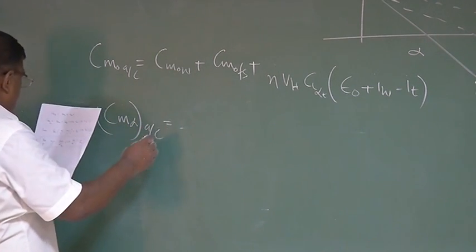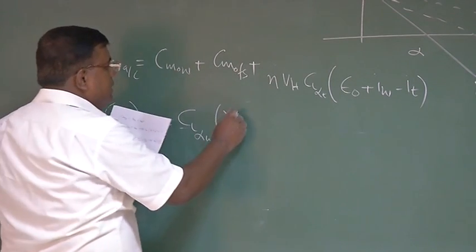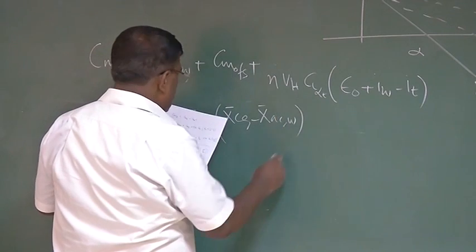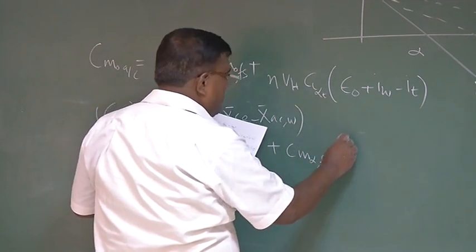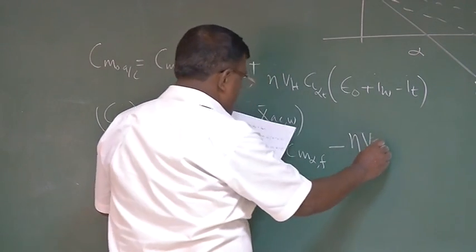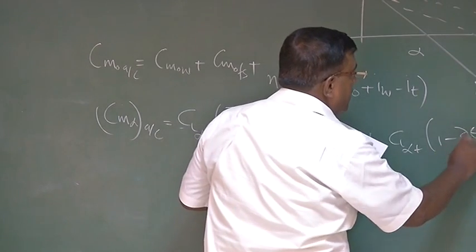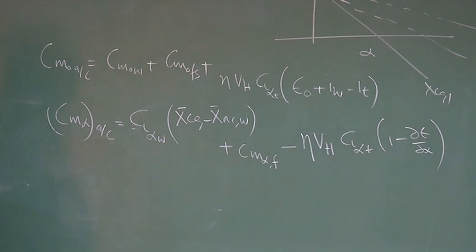If I add up all, I get CL alpha wing into XCG bar minus XAC wing plus Cm alpha fuselage minus eta VH CL alpha tail into 1 minus d epsilon by d alpha. Typically Cm alpha fuselage will be positive, so destabilizing, but we have not estimated that, and they are very small values.